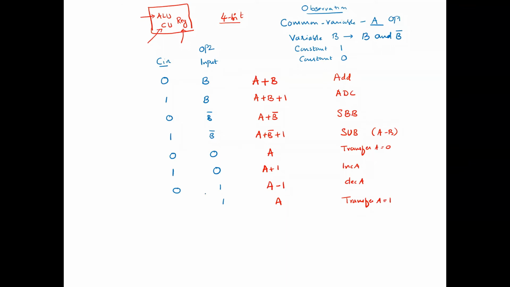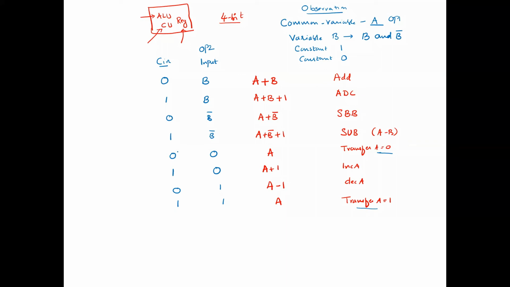Okay. And this is transfer. This is 1 again. Now again, there is a conflict. We don't need anything here, right? Similarly, this is transfer A, here also it is transfer A, but what we have said here is that we are transferring 0. Here we are transferring 1. How do you decide whether we are transferring 0 or transferring 1?